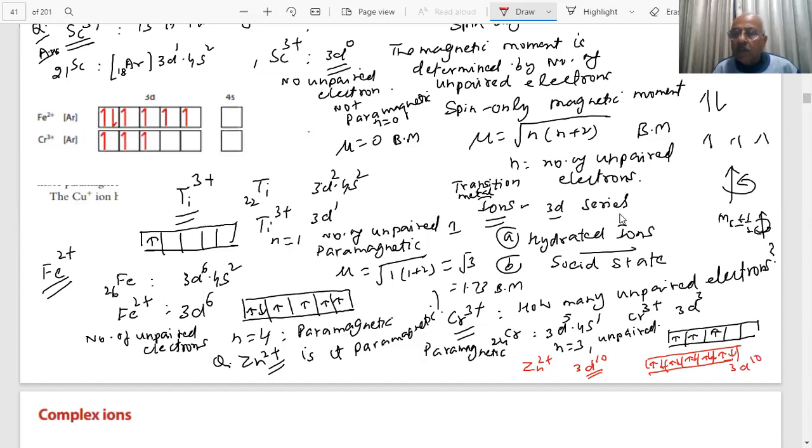So it is not paramagnetic. What is the reason? It has no unpaired electron. Therefore, if I say ZnSO4, students, then it is not paramagnetic. Clear? Because it is Zn2 plus.